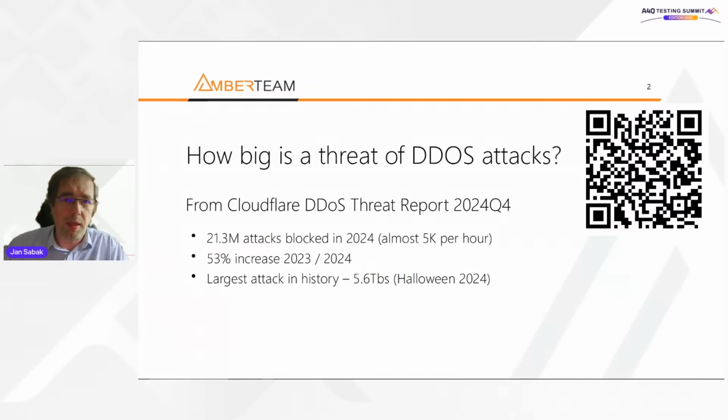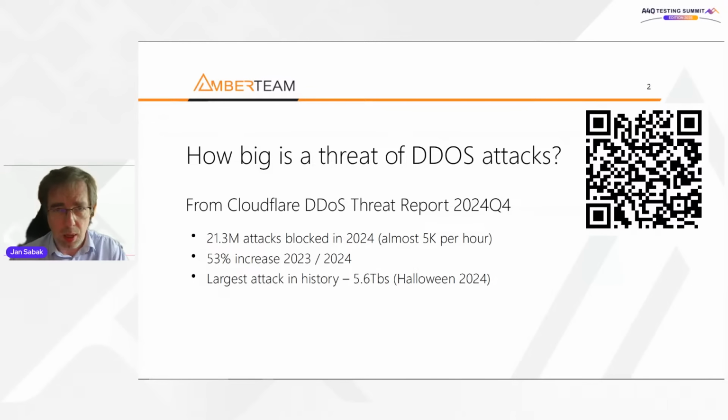So you can compare it to your home internet connection. Probably you don't have, or in your organization you don't have, a terabit connection. The average DDoS attack is around 5 megabits per second. So this largest attack was 1,000 times more than average.